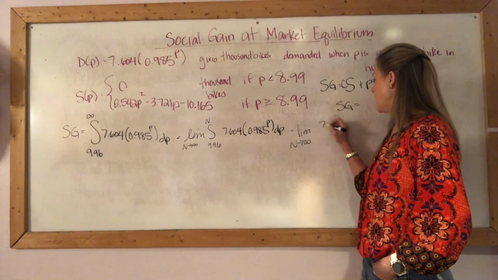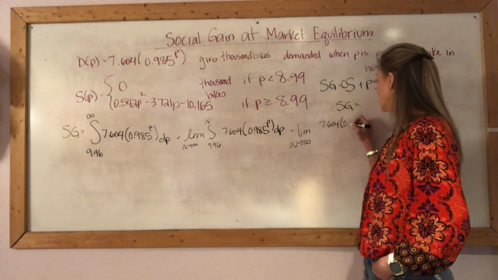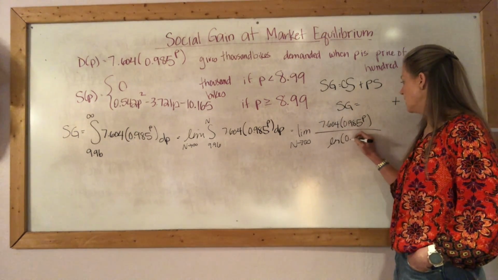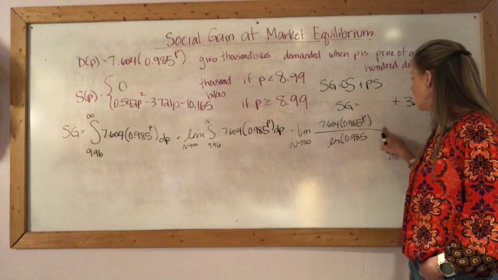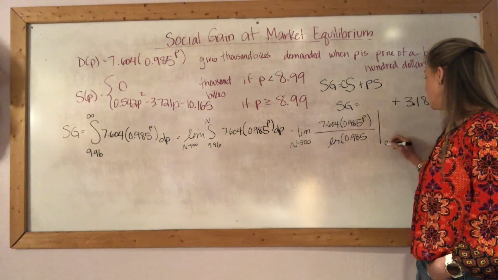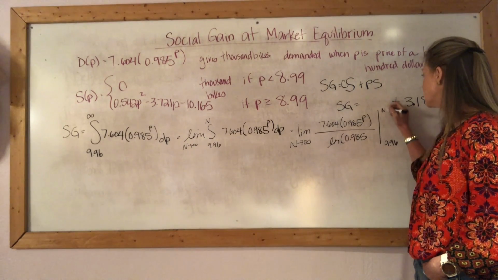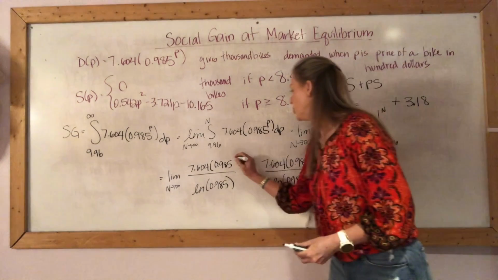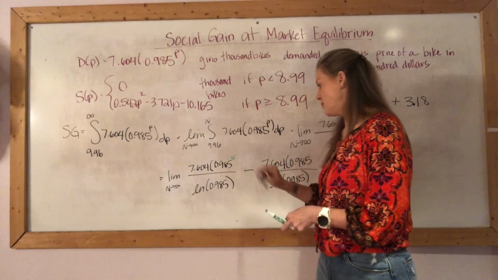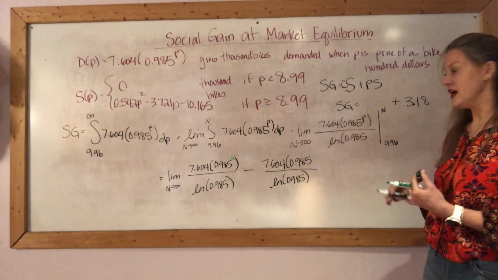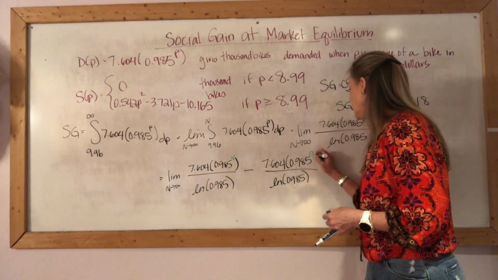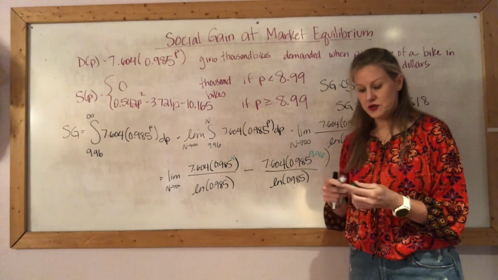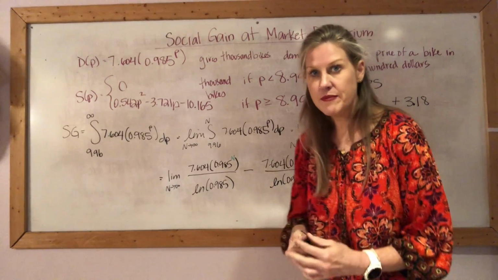So I anti-derive that over the natural log of 0.985, and I evaluate that between 9.96 and n. Take the n value and put it in where the exponent should be on the first go around, and I will put 9.96 up there, and that allows me to evaluate this limit.